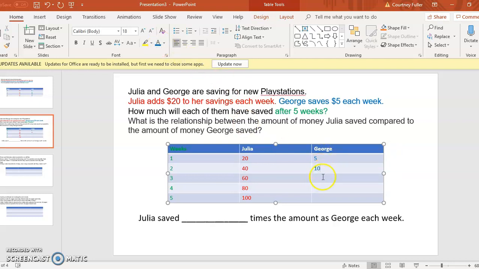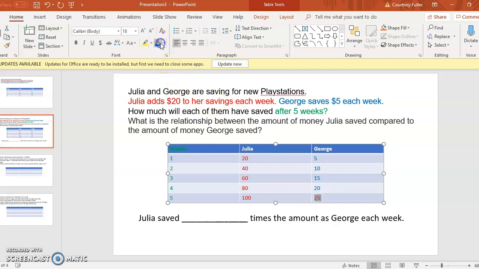We have that 10 plus another 5 is 15. 15 plus another 5 is 20. And 20 plus another 5 is 25.